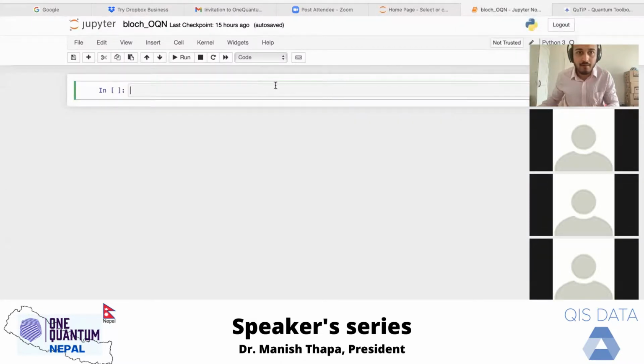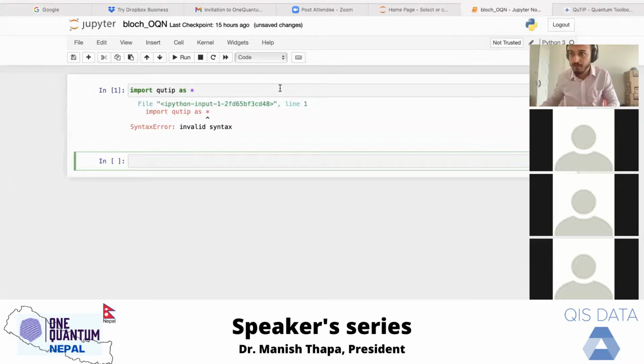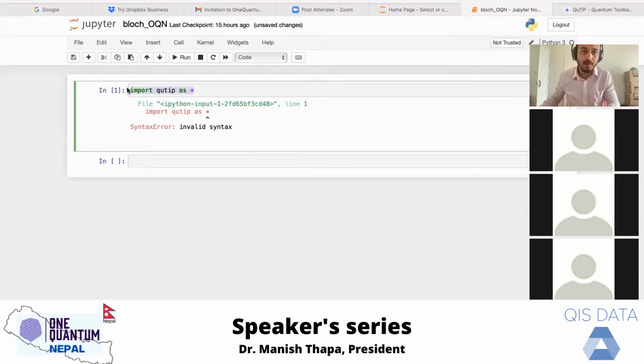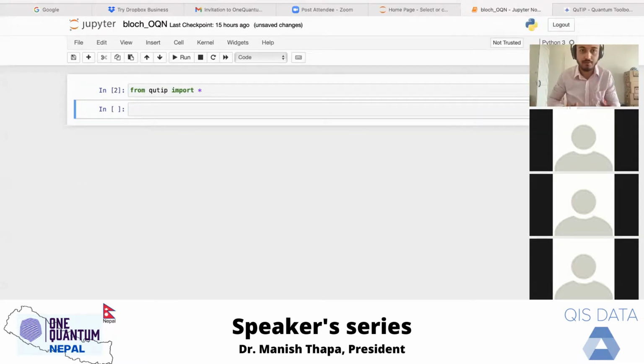For example, let's import all the modules, so you say from qutip import star.